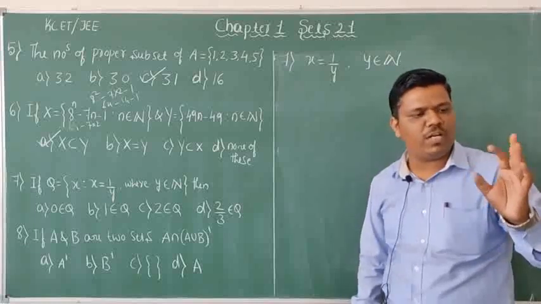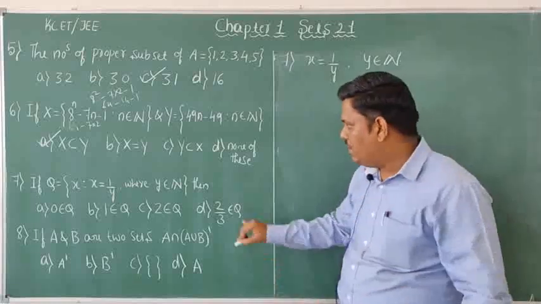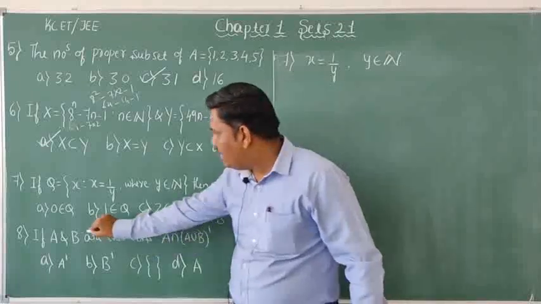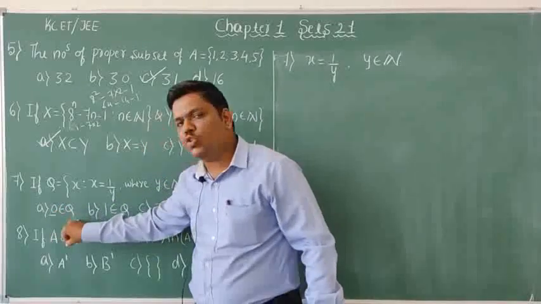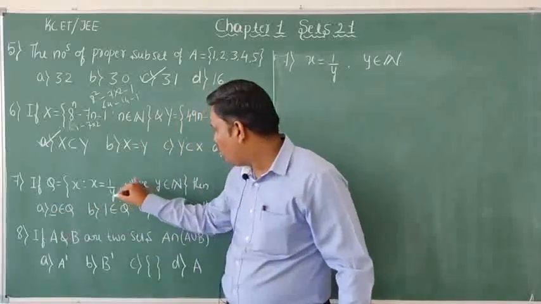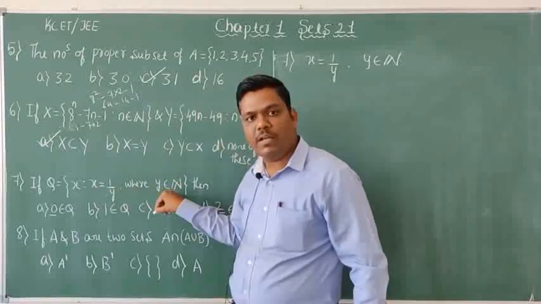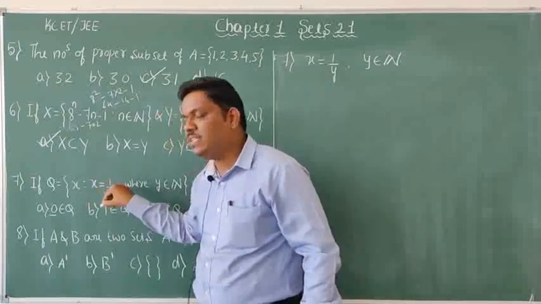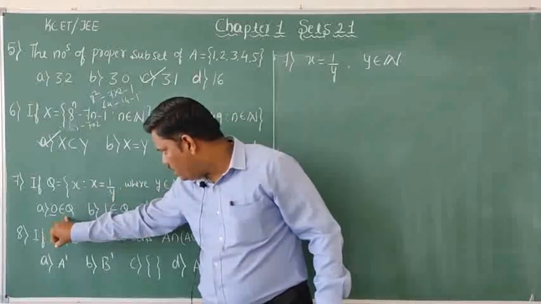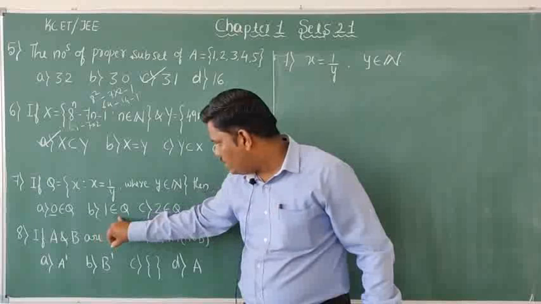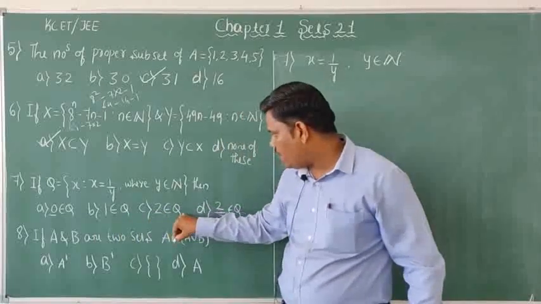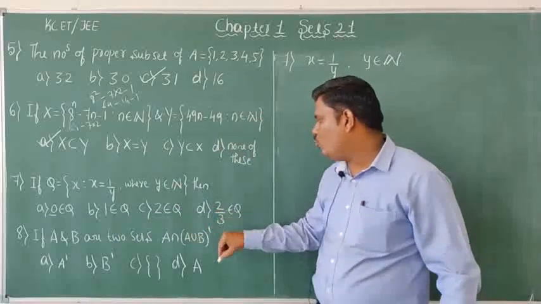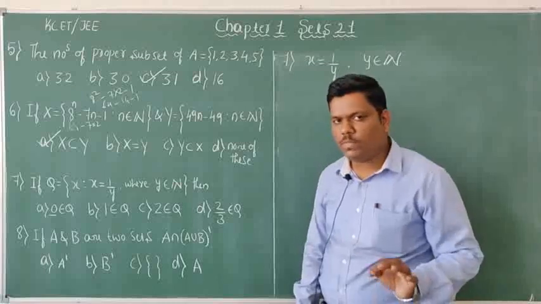Natural numbers means 1, 2, 3, and observe. Then your options: A, 0 belongs to Q, where y belongs to N. Which element is present in this set? Either 0 belongs to Q, or 1 belongs to Q, or 2 belongs to Q, and D, 2 by 3 belongs to Q. Observe very carefully.